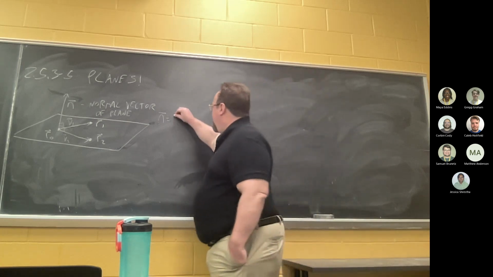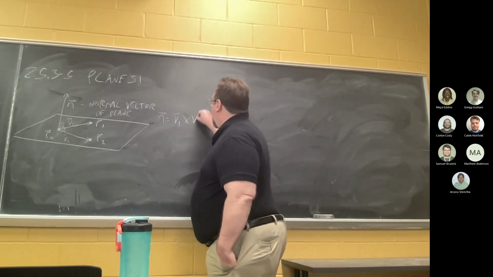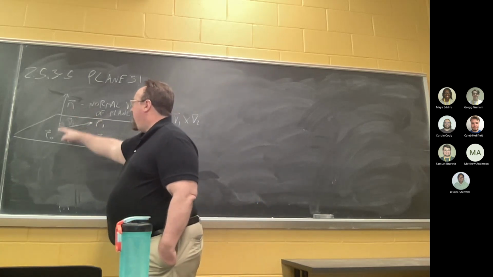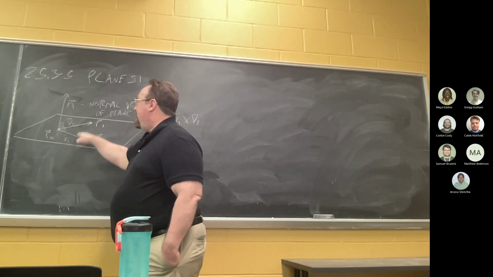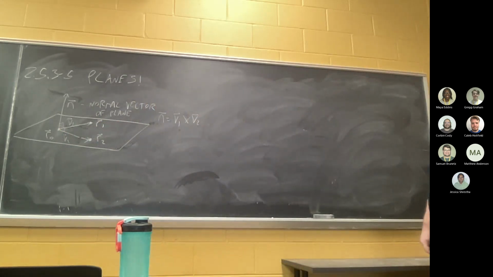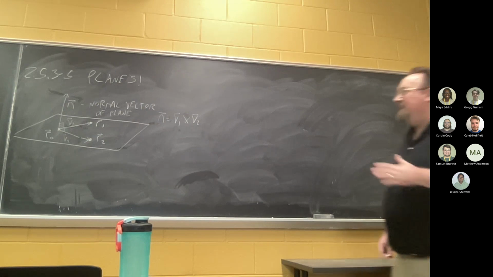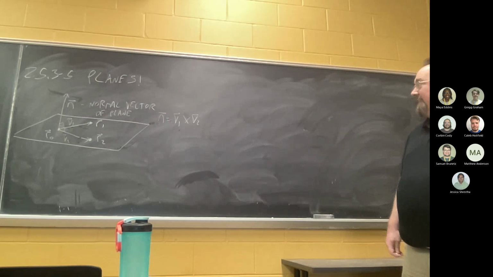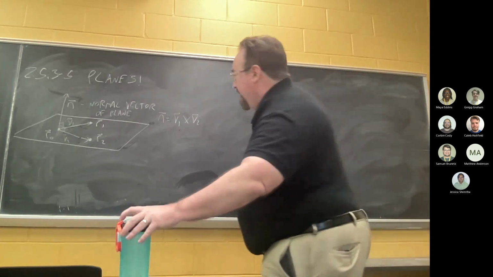V1 and V2. Because anytime you have a situation where you want one vector that is orthogonal to 2 given vectors, cross product. Now, depending on the particulars, the vector N might be pointing in the opposite direction, might be going down, but the point is it's going to be perpendicular to any vector within the plane. And that's all we really need.